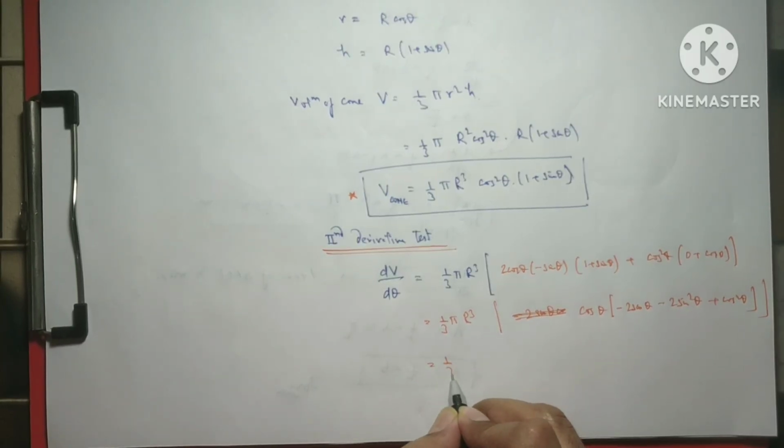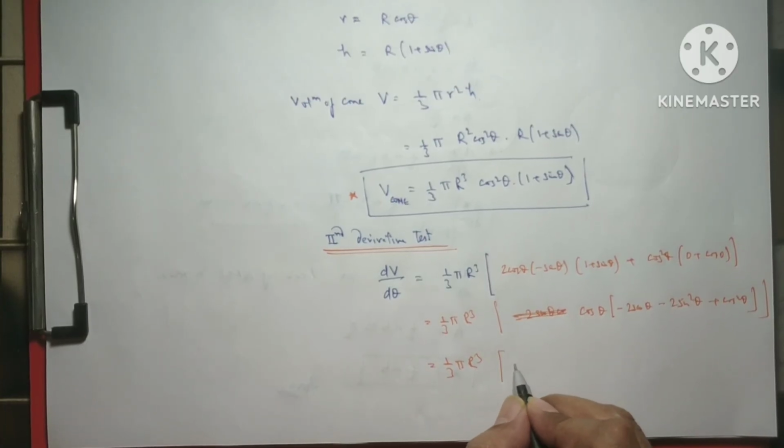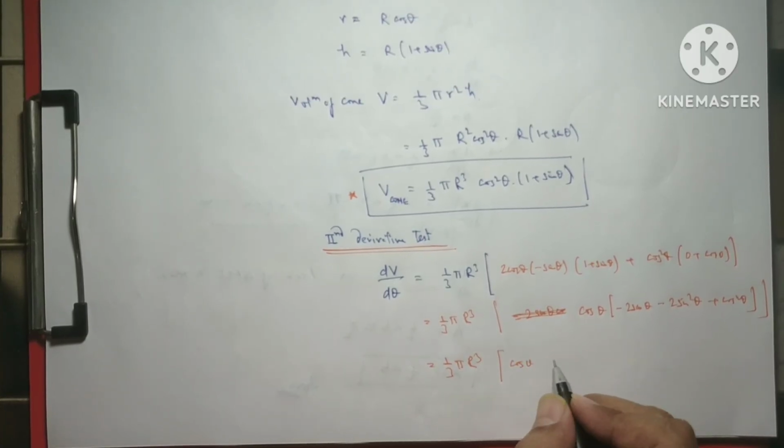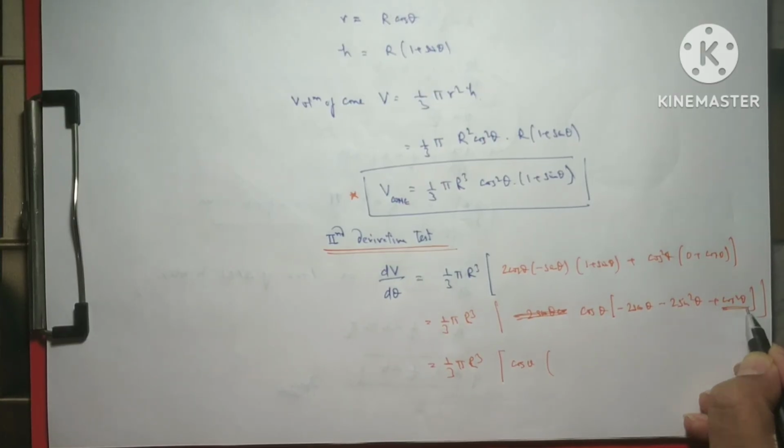So we have 1 over 3 pi r cube cos theta into, we can place the value of cos square theta as 1 minus sin square theta.